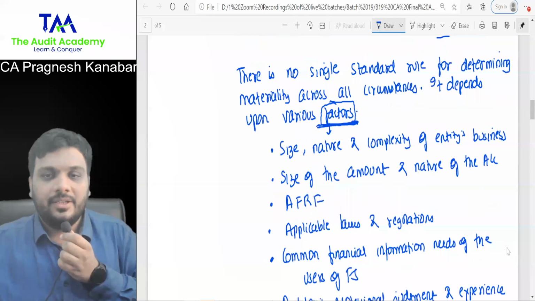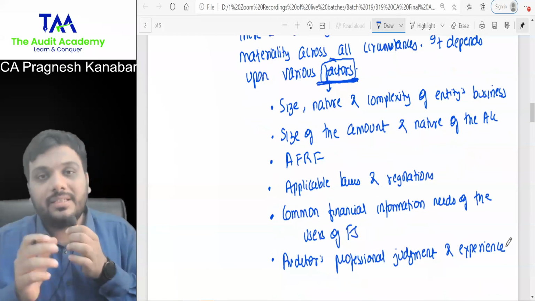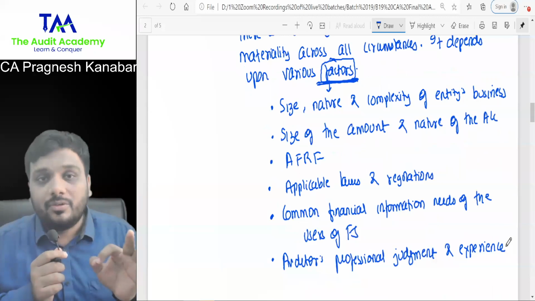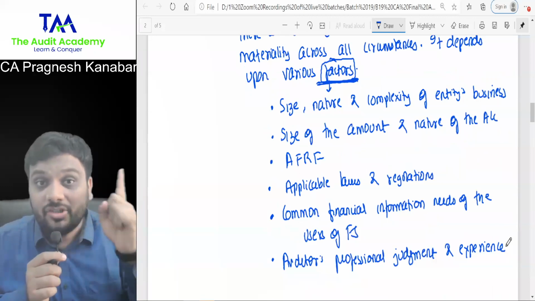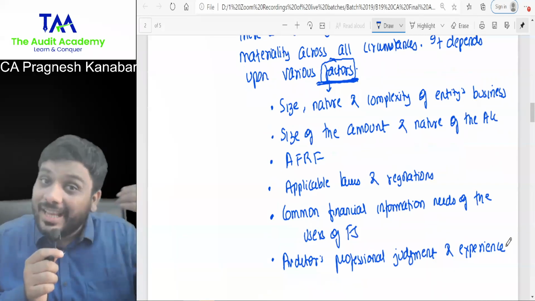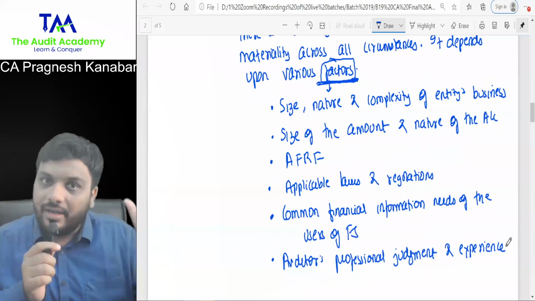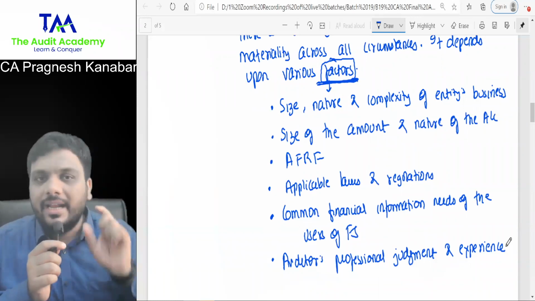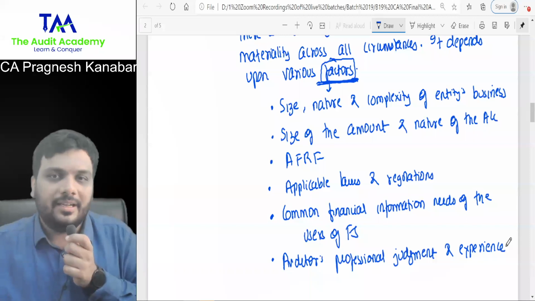Correct. So these are the factors that will help you to decide whether something is important or not. At the end of the day, let me tell you, the Institute has given a 95 pages guidance note on the concept of materiality. Still, those are just examples. Normally, all our practical life doubts are cleared by that guidance note, but still those are just examples. At the end of the day, materiality is always a relative term. It will depend upon facts and circumstances.